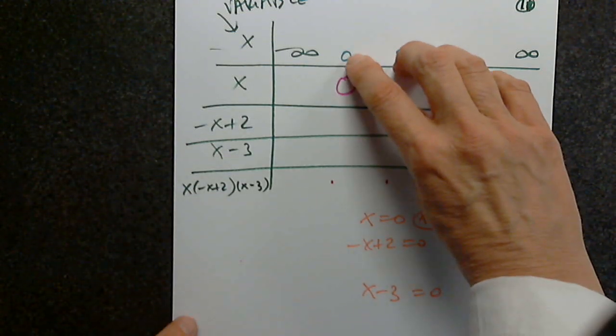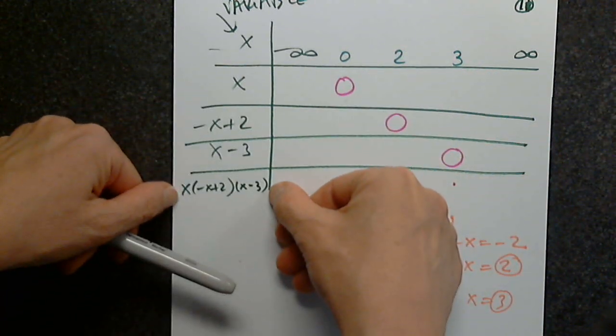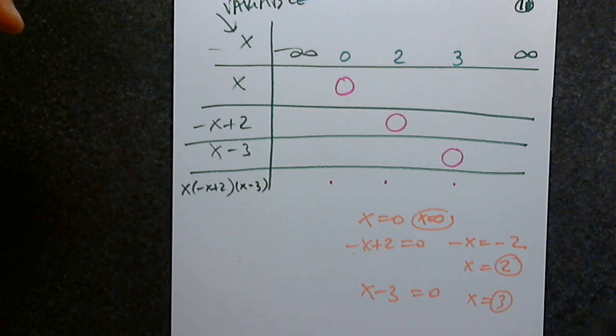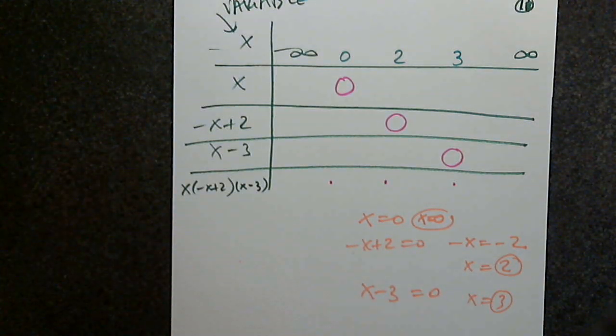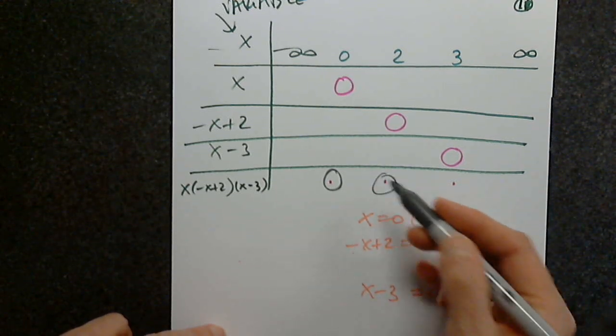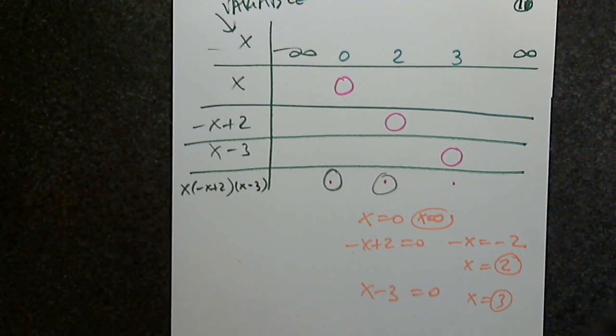So in other words, I'm asking when x is 0, what do I get here? Yes. How do I know? Because one of the factors is 0. Excellent. What do I get for 2? Right, because some other factor is 0. The second one is 0. What will I get for 3? Right, because the last factor is 0. If any of the factors is 0, the product will be 0.